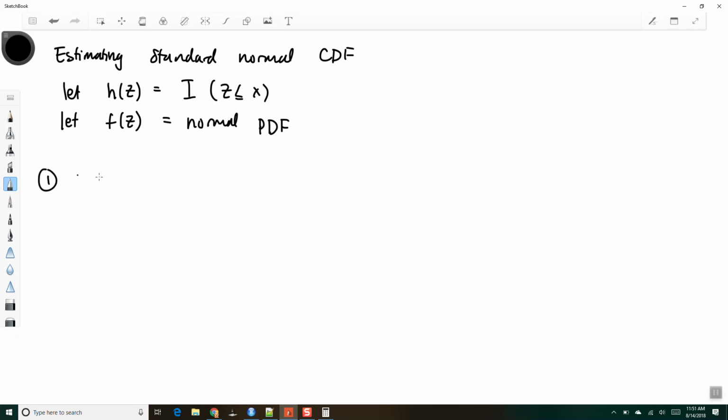So what we do is, one, generate z1 to zn from the normal distribution.